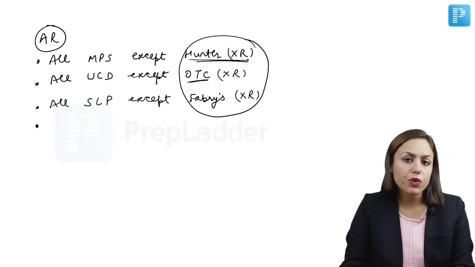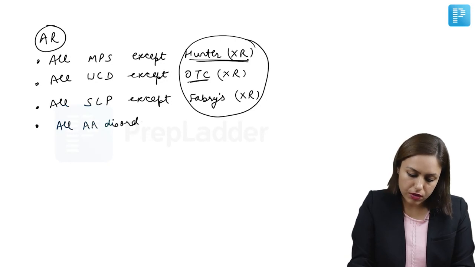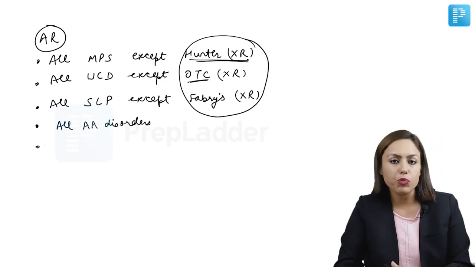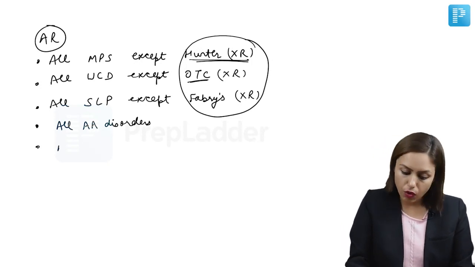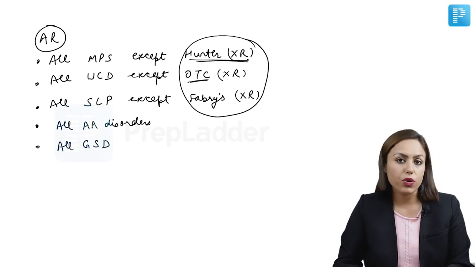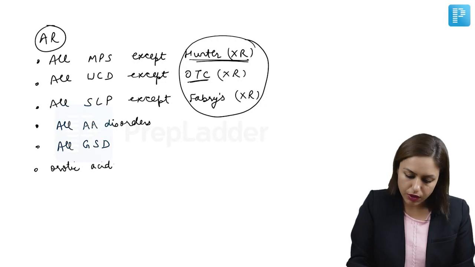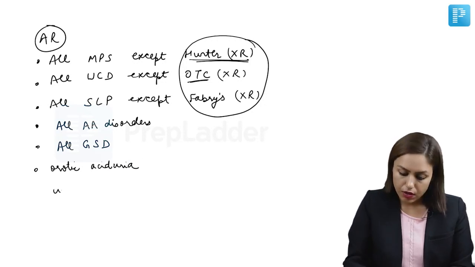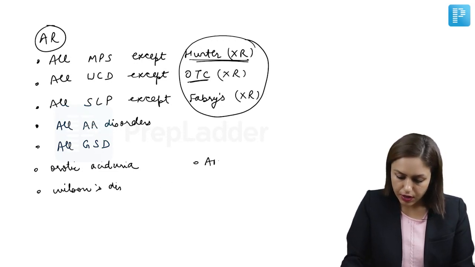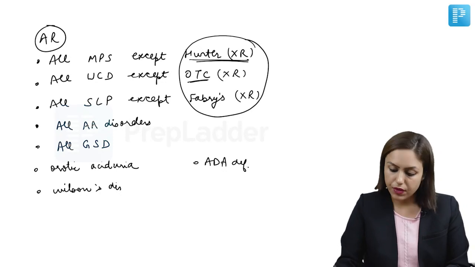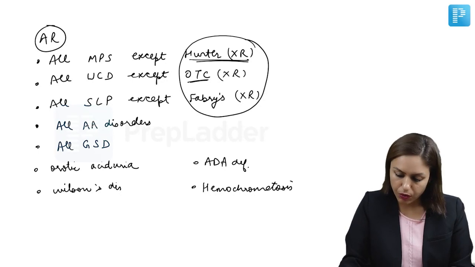So these three are X-linked recessive, right? Then other autosomal recessive disorders are all the amino acid disorders like alkaptonuria, albinism, phenylketonuria, right? Then we have all glycogen storage disorders, right? Then orotic aciduria, Wilson's disease, ADA deficiency and hemochromatosis, right?